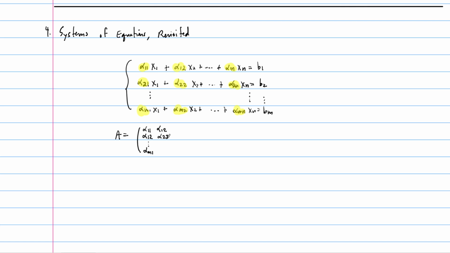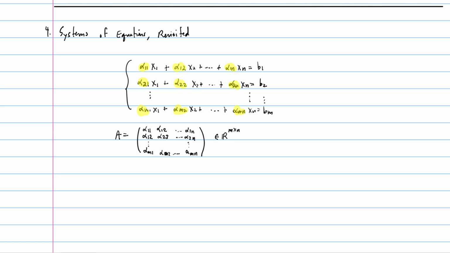Alpha 1,2, alpha 2,2, alpha 1n, alpha 2n, all the way down to alpha mn, m2. All right, so there's our coefficient matrix, and this is in R m by n.